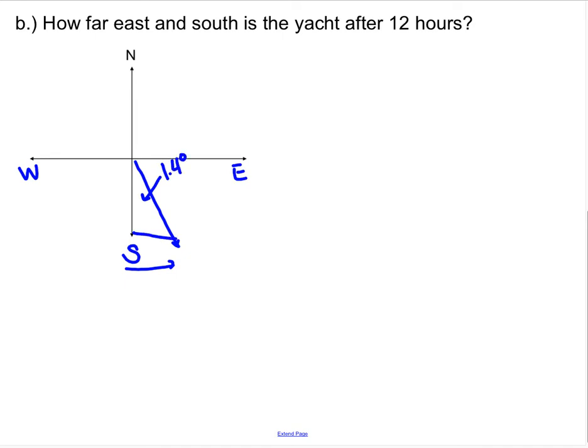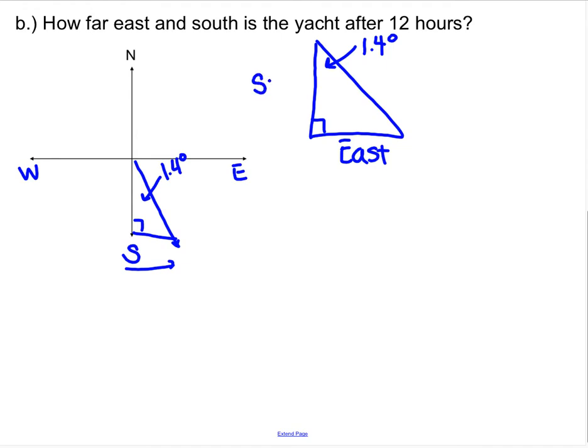So I'm going to create that right triangle. Here's our right triangle, 1.4 degrees. We have our east direction, our south direction, and the distance we have traveled.